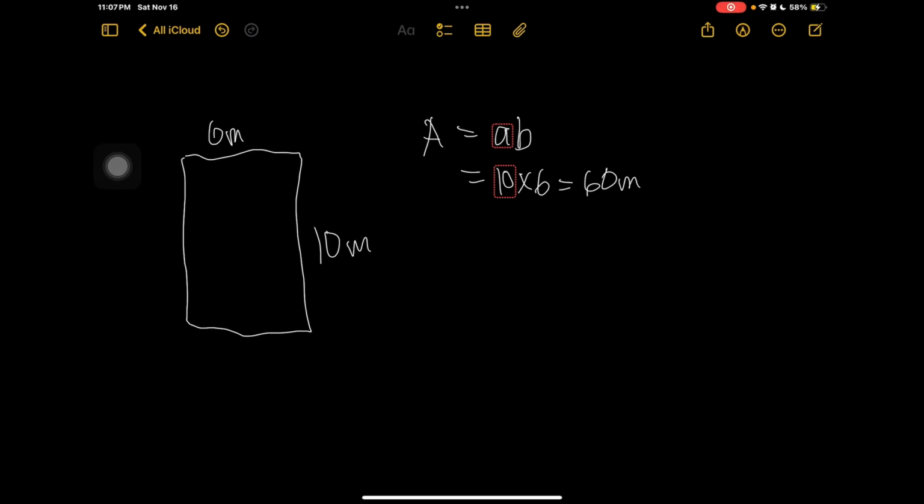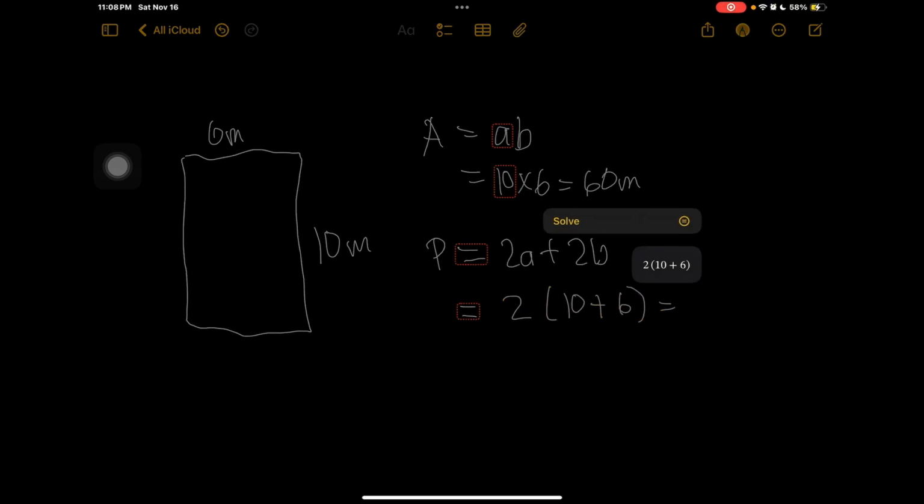And the formula of perimeter is perimeter equals to 2A plus 2B. So 2, so our A is 10 plus 6.